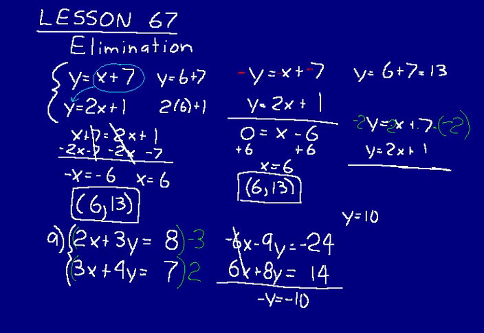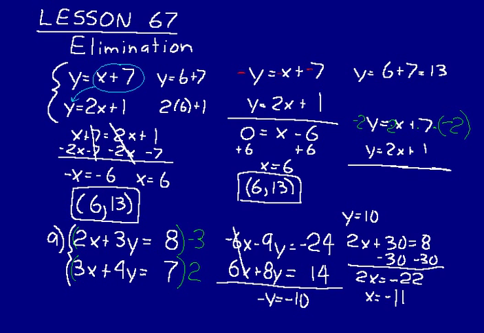Neither one of them looks like it would be easier to substitute in than the other one, so I'll just pick the top one, and I'll say 2x plus 3 times 10, that's the y equals 10, so 3 times 10 is 30, equals 8. Subtract 30 from both sides, and so we would have 2x is equal to negative 22, and therefore x equals negative 11.